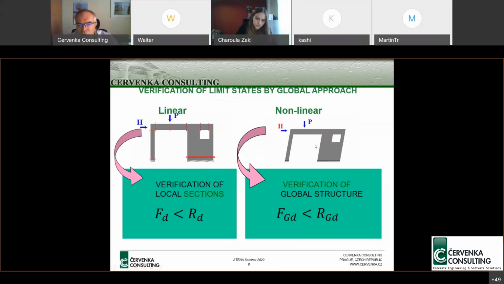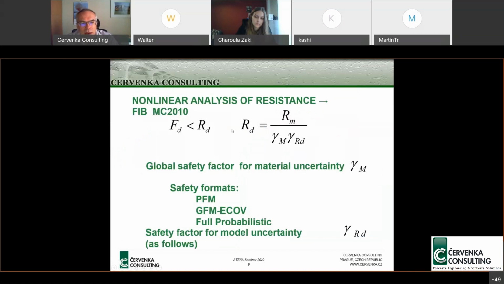So in this global assessment, this FGD should be more like a load level. We have a kind of scaling factor which we apply to the given load combination. We should be checking that when the structure fails, this loading level is above the design loading level. But for simplicity, it is still nice to describe it by this simple equation.